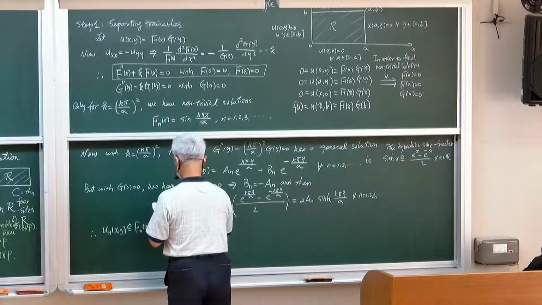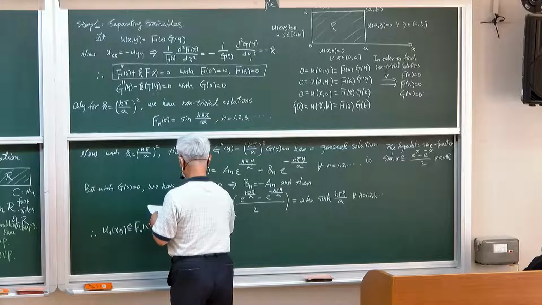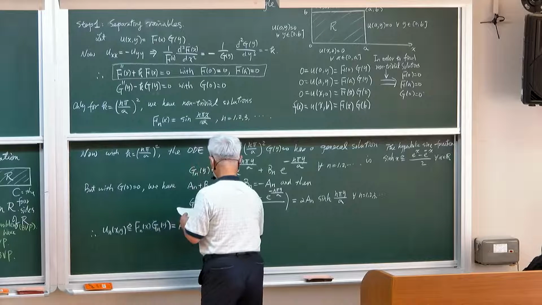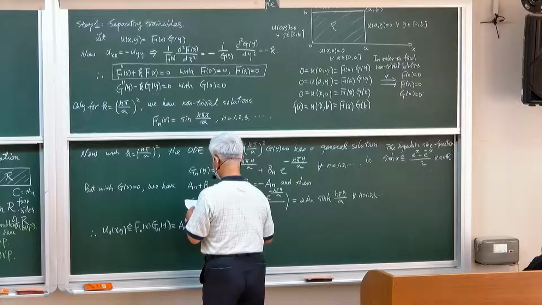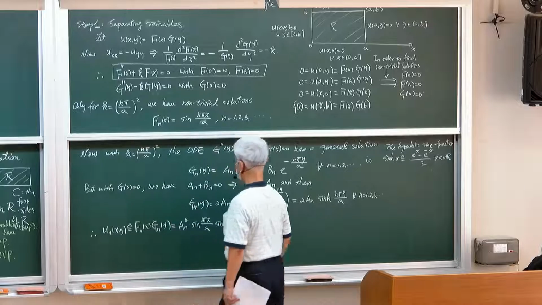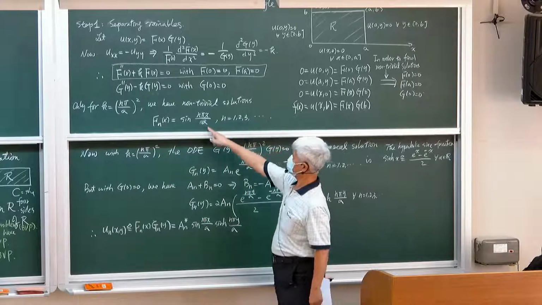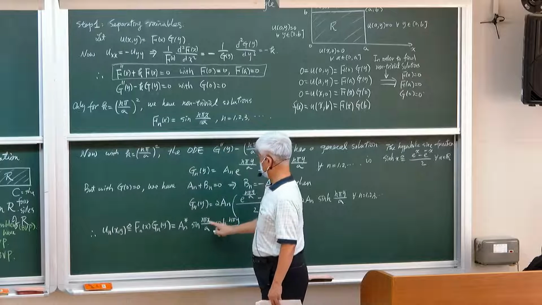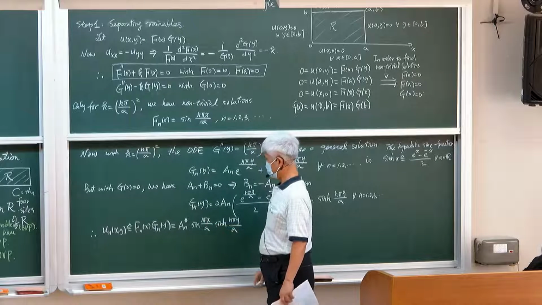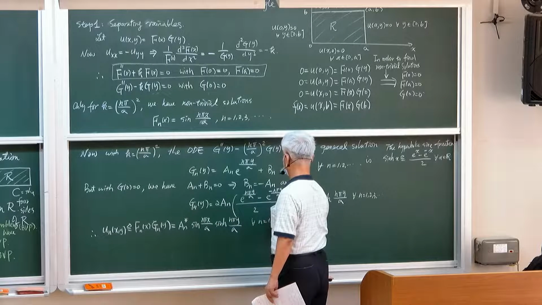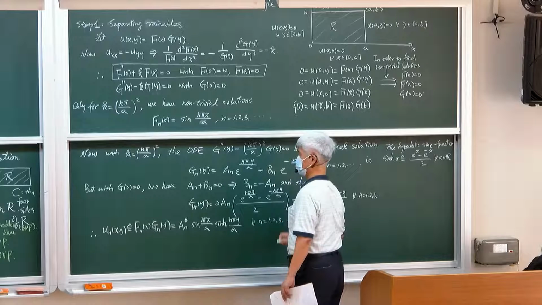So that would be, we will say, an star sine of m pi x over a times hyperbolic sine of m pi y over a. The sine function is from x, and this is f of x, for all n from 1 to 3, etc.